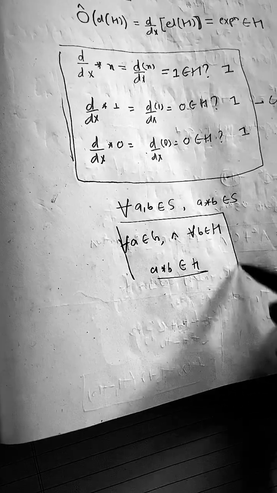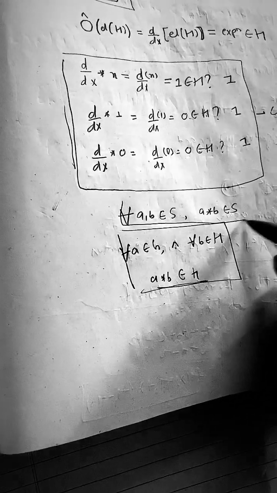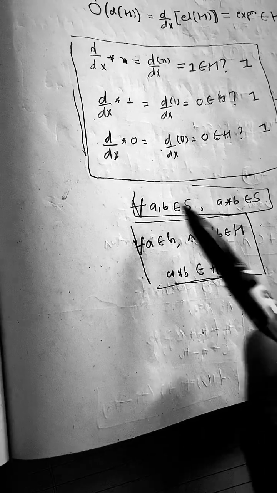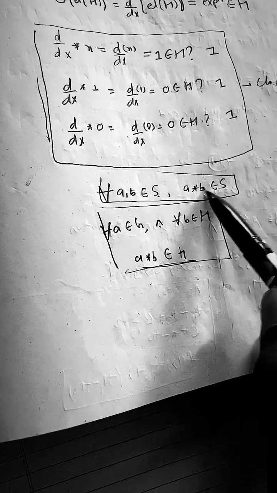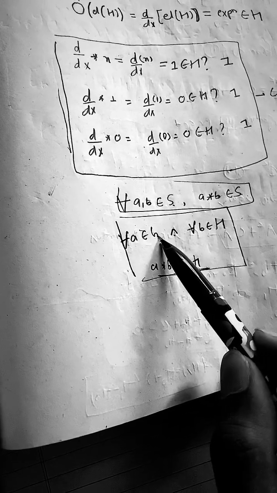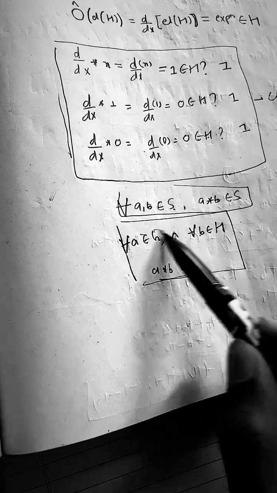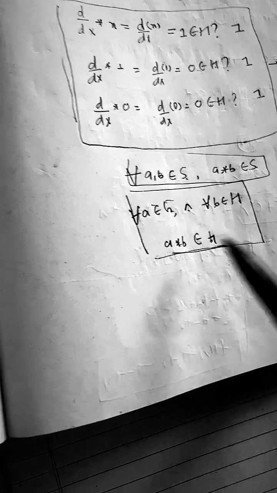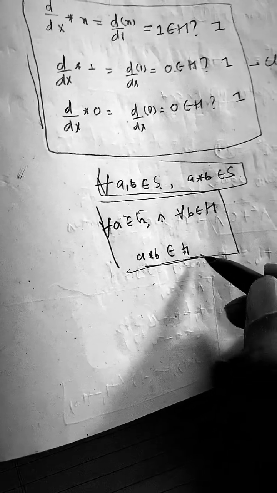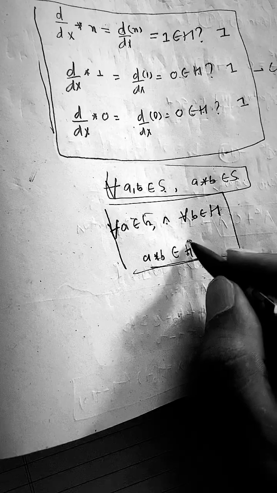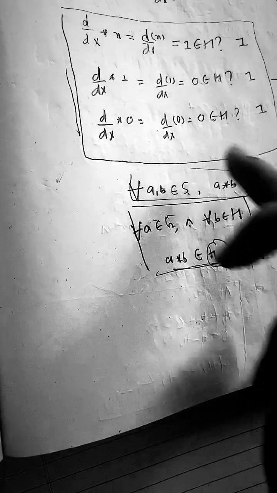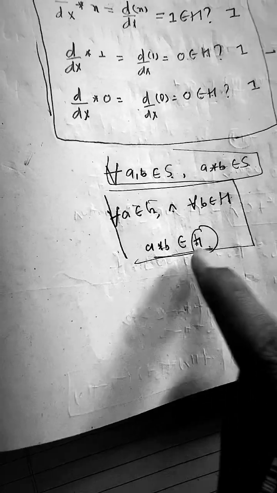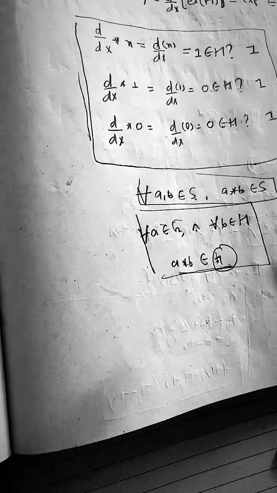You can see it. Here A, B belong to S, then A star B belongs to S. Here A belongs to G, B belongs to H, different sets, and their combination belongs to H, not G. But it is closure with respect to H, right? We are not talking about G. We are interested in H.